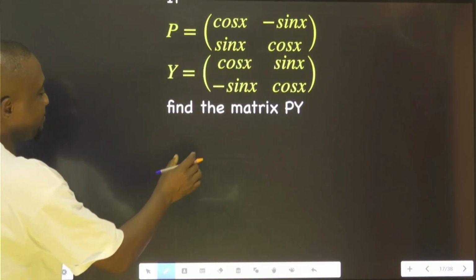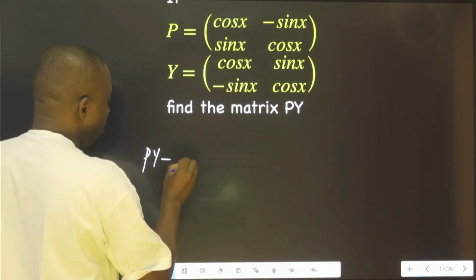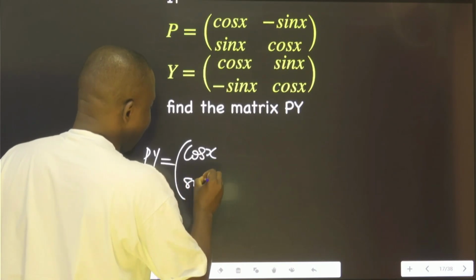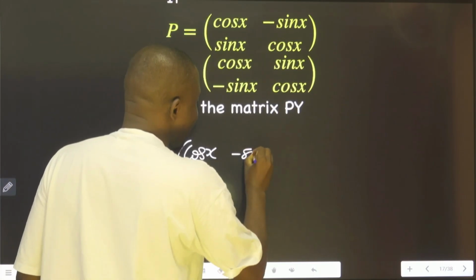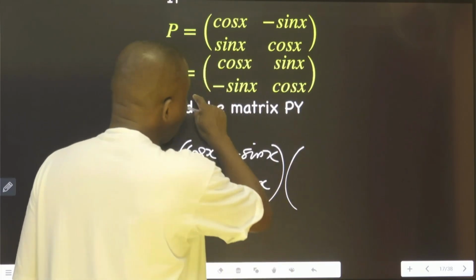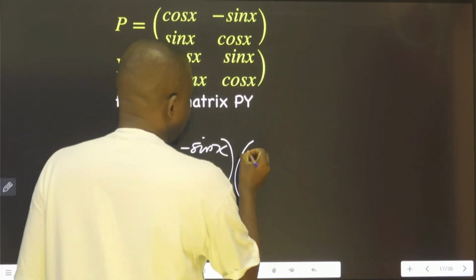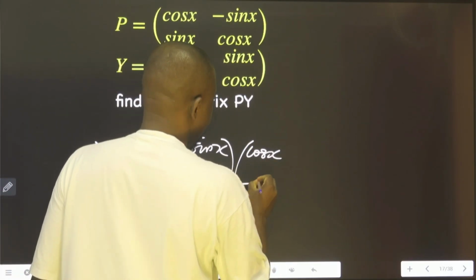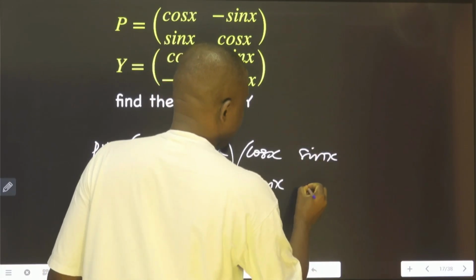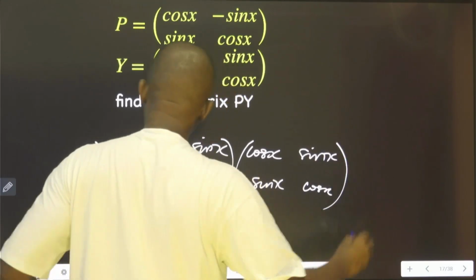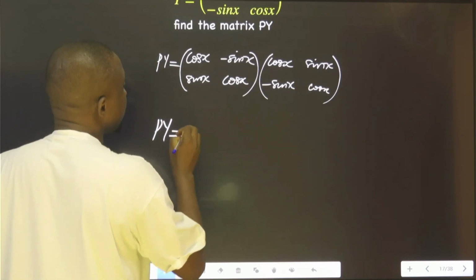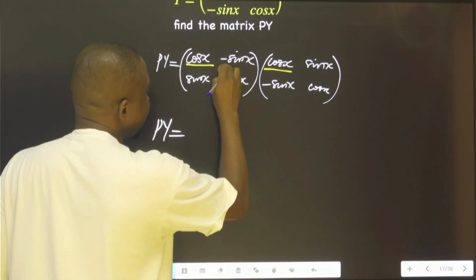What it means is PY is equal to cos X, sin X, minus sin X, cos X, multiplied by this, that is cos X, minus sin X, cos X. Okay? What do we do? PY therefore is equal to this multiplied by this, then this multiplied by this.